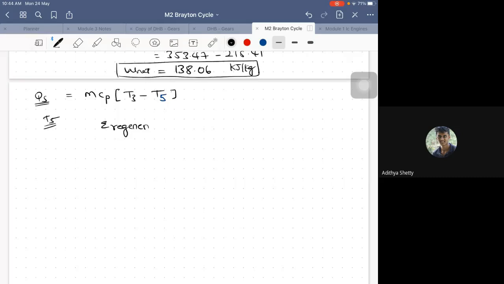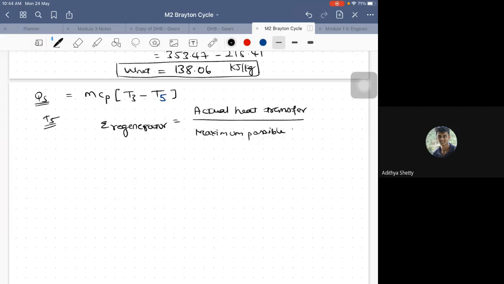What do you mean by effectiveness of a regenerator? It is the ratio of actual heat transfer divided by maximum possible heat transfer. It is already there in your notes; I have explained this in the theoretical classes.